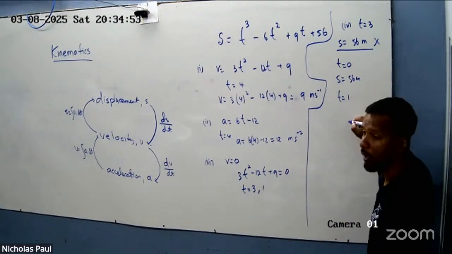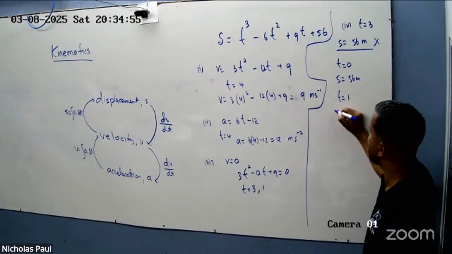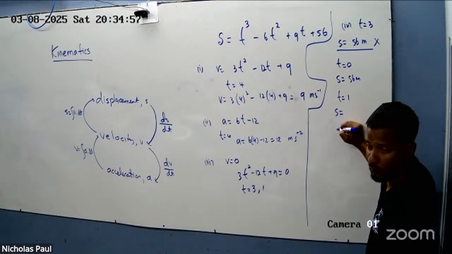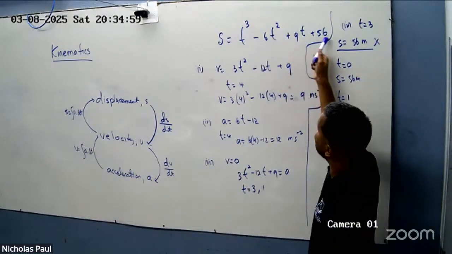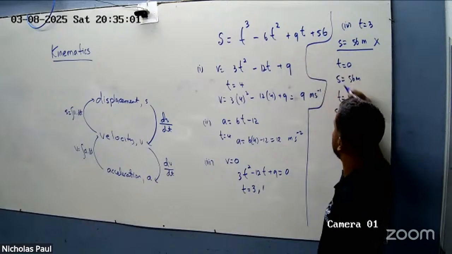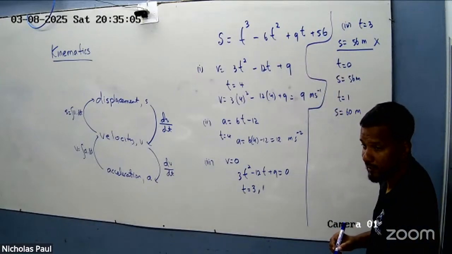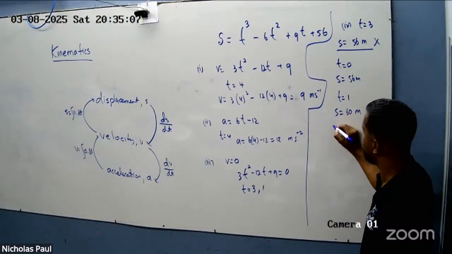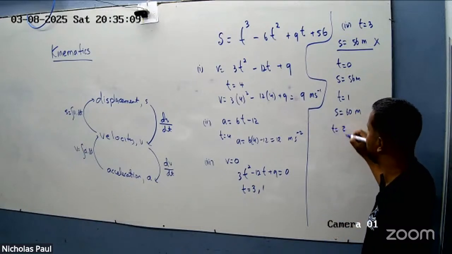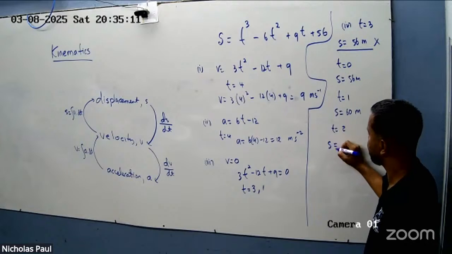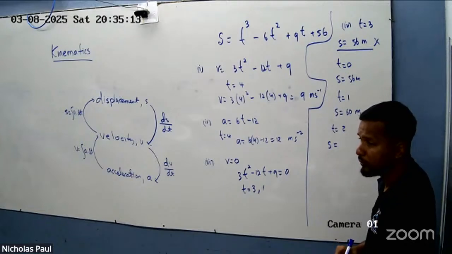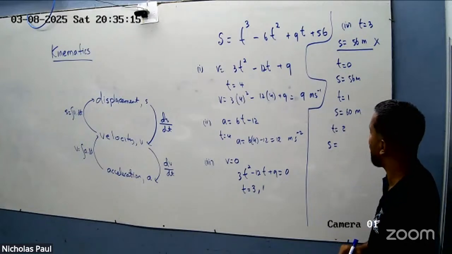Plug in t is 1. So you'll get s is 6. That's okay? And then do t is equal to 2 for me.